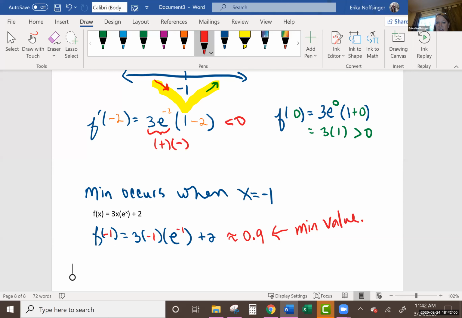We can put all this together to help us figure out how the graph looks of a difficult function that we wouldn't know without a graphing calculator or plotting points. Okay, so I think that's a good spot to stop. And then Thursday, if you have any questions over 5.2, we can go over that before we start on 5.3. Let me just turn off the video if I can. Real quick.